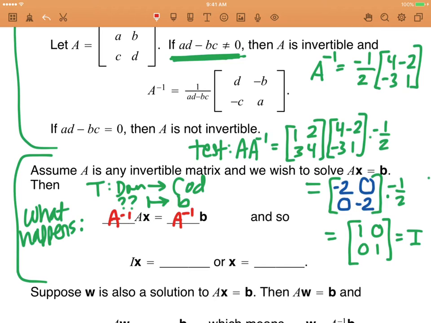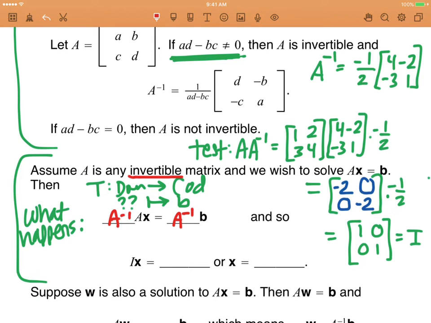So if we multiply on the left, then we always have to multiply on the left. If that's defined at all, which if the matrices are the wrong sizes, they won't be. But in this case, if A is invertible, then you can certainly multiply it by its inverse, and you do that on both sides of the equation.